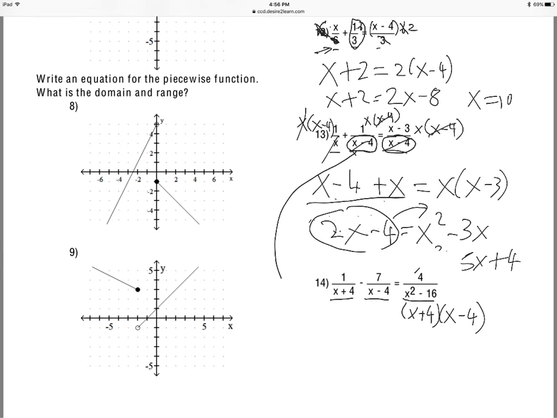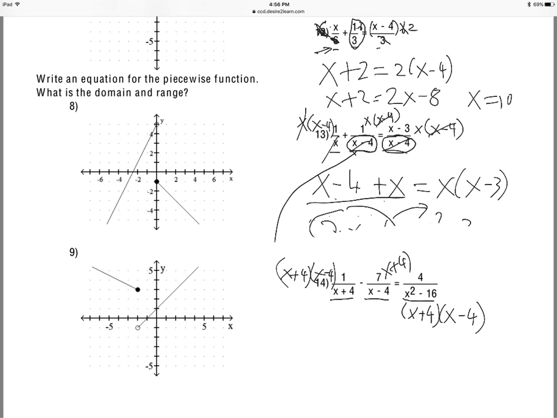So what I'm going to do is multiply everything by x plus 4, x minus 4, and again, it might look a bit worse than it actually is. All three terms are multiplied by x plus 4, x minus 4.